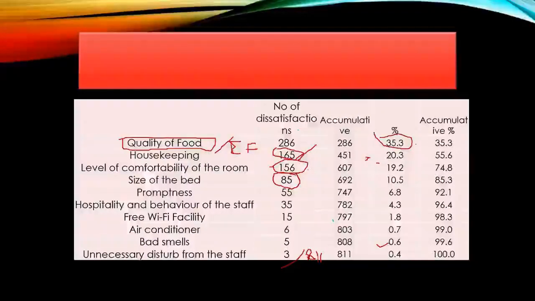You can see percentages. This is the first one, cumulative percentage. Here we have to add those two. Then you can get 55.6. Then third one, it is required to add those three. Then you can get this one, 74.8. Same thing you can get by adding 19.2 to 50.5, 55.6, right? Likewise, please calculate those figures.